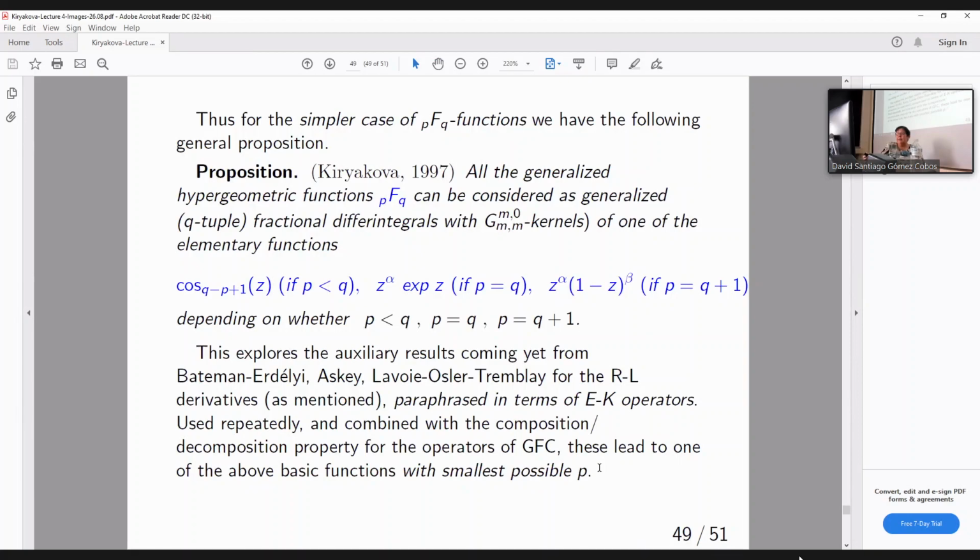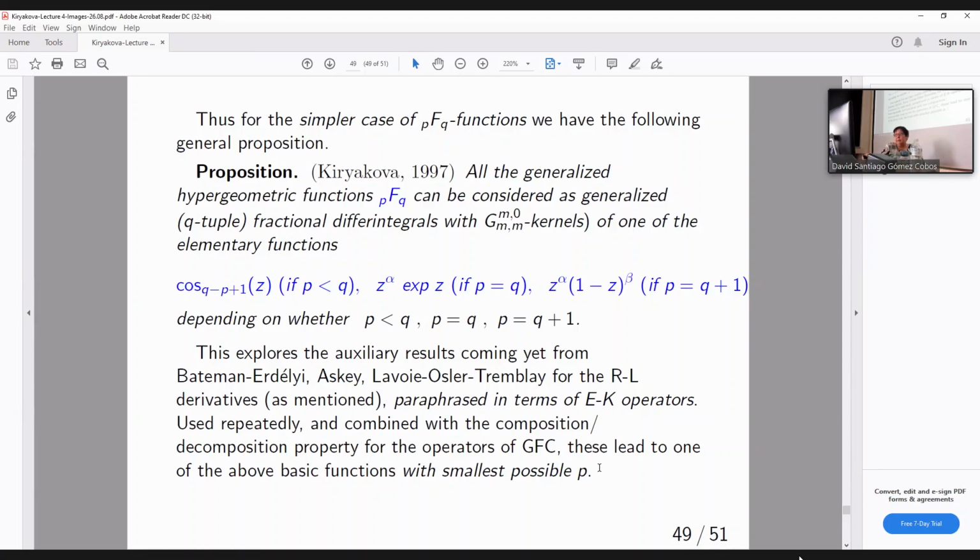So, in the simple case, my proposition reads as follows: all the generalized hypergeometric functions pFq can be considered as generalized fractional integrals or generalized fractional derivatives of one of the three elementary functions, the cosine for q minus p plus 1 equal to 2, the exponential function, or this function, which is usually also called the beta distribution.